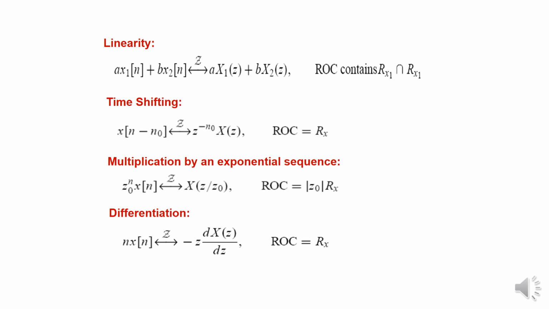Right? Then differentiation. In the time domain, when we are multiplying by n, the Z domain will change to minus z times the derivative of X(z), and the region of convergence will not change, it will be Rx.